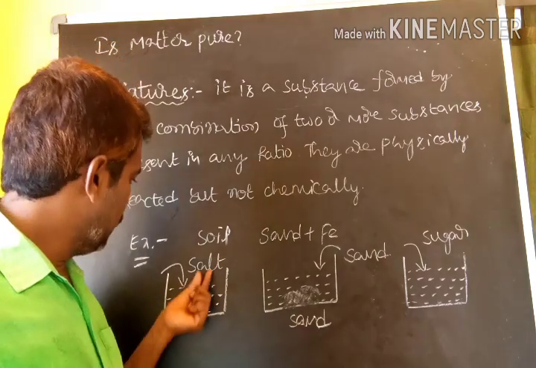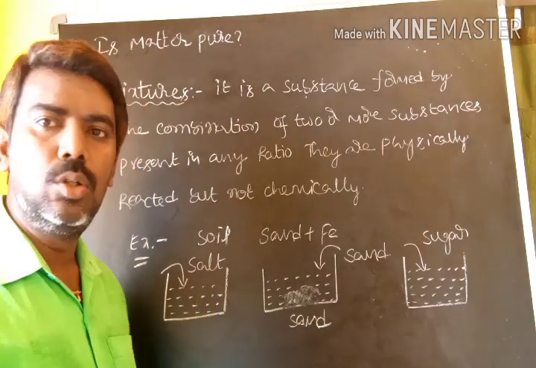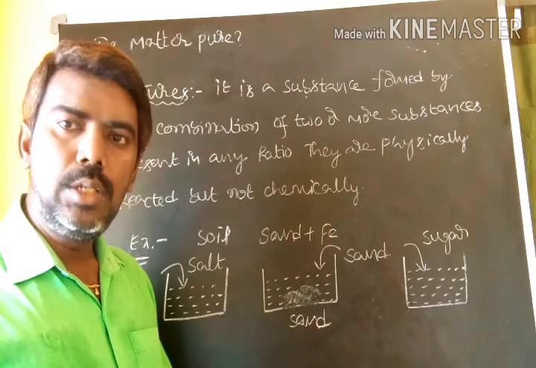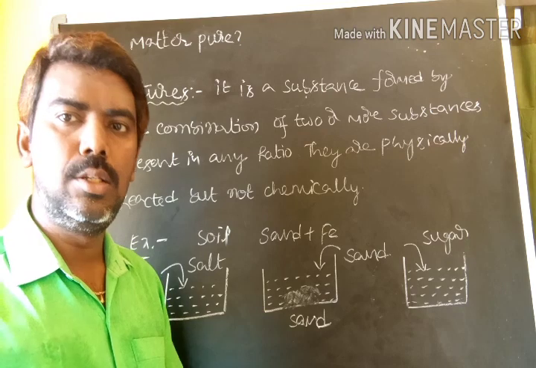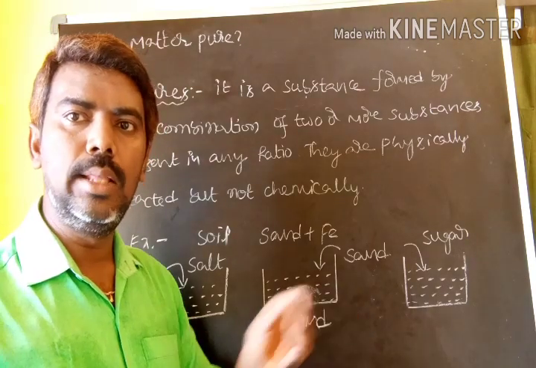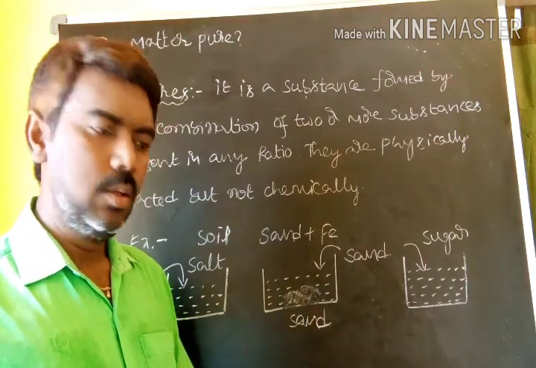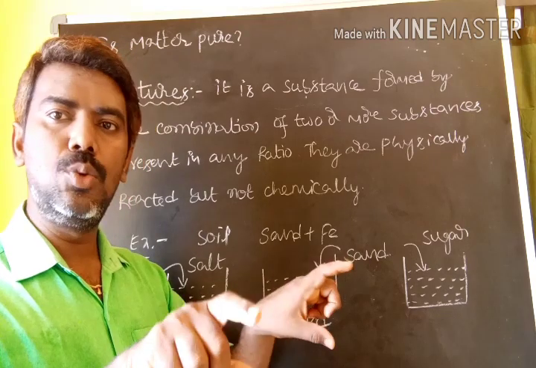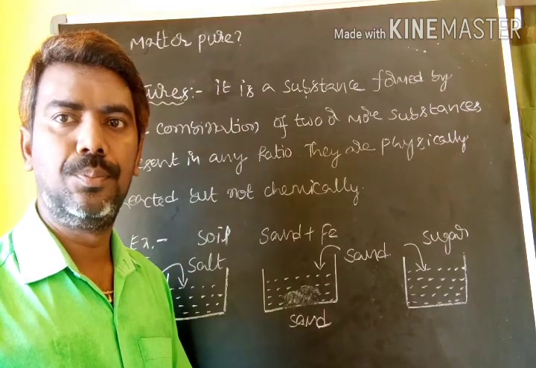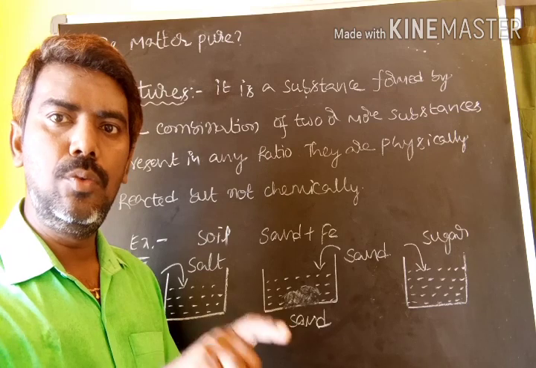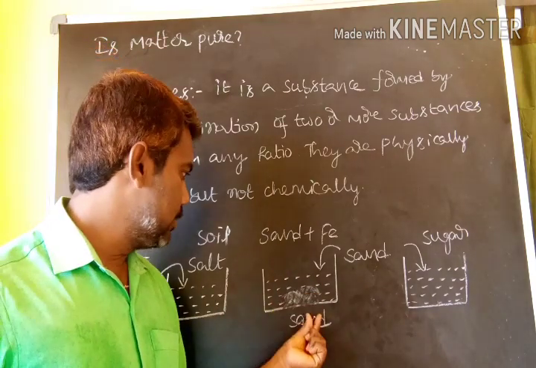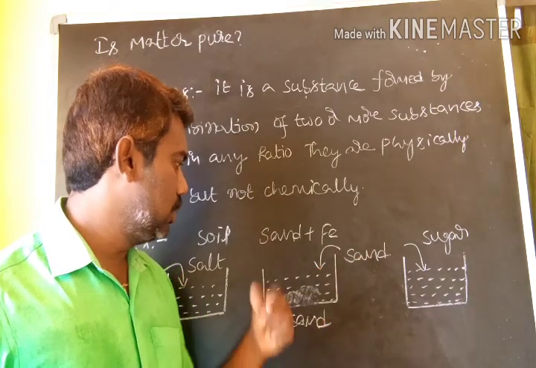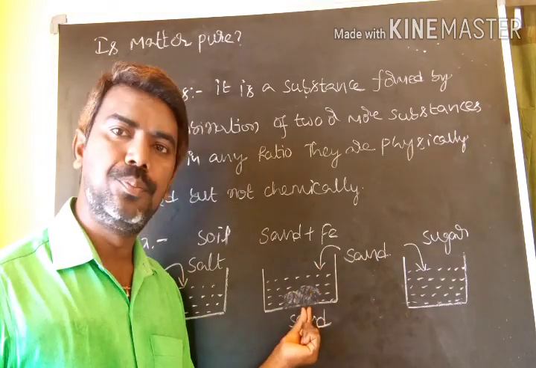Here, in the first case, whenever the salt is added to the water, the salt is completely soluble in the water. In the entire water, we get the salty taste. The salt is uniformly distributed in the water. Whereas in the second case, the sand is added to the water, the sand settles down at the bottom.